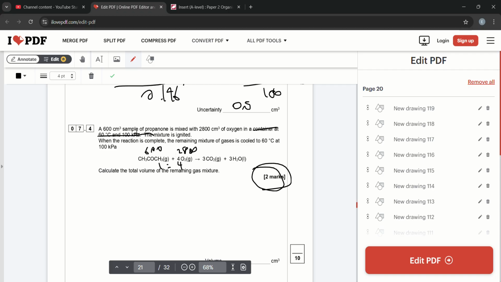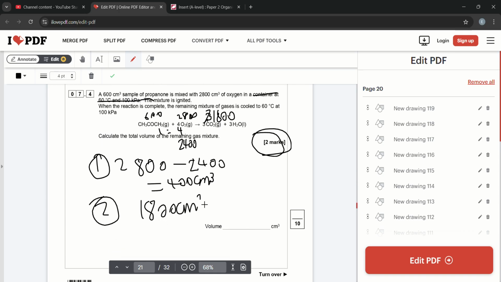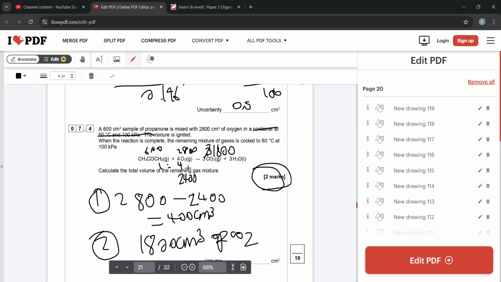So if we start with this sample of propanone, that tells me only 2400 centimeters cubed of oxygen reacts. Propanone to oxygen is a 1 to 4 ratio, 600 times 4 is 2400.